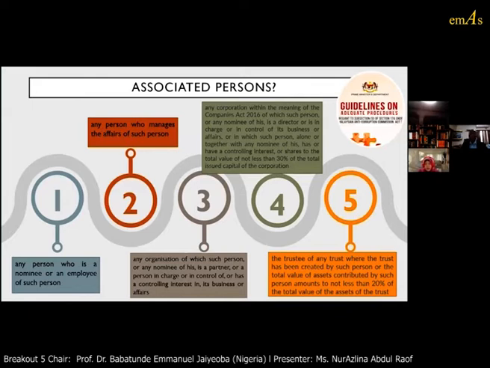It can also be any corporation within the definition of Companies Act 2016, where this person or his nominee is a director in charge of the business affairs of the company, and they hold a minimum 30% of the total issued share of the corporation. And also the trustee of any trust, where the total value of assets amounts to at least 20% of the total value of the assets of the trust.